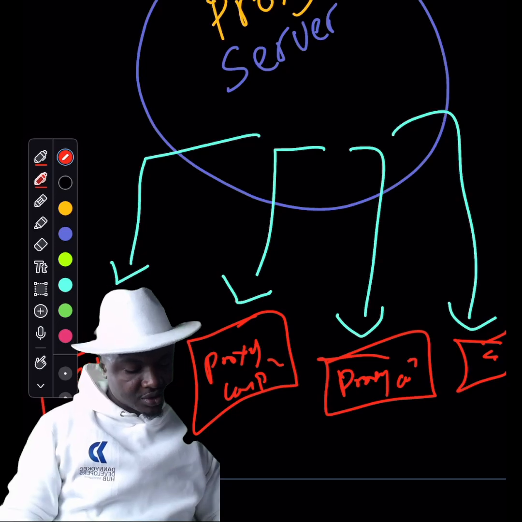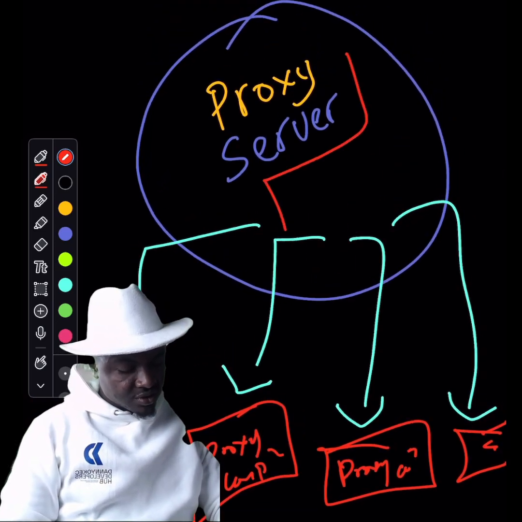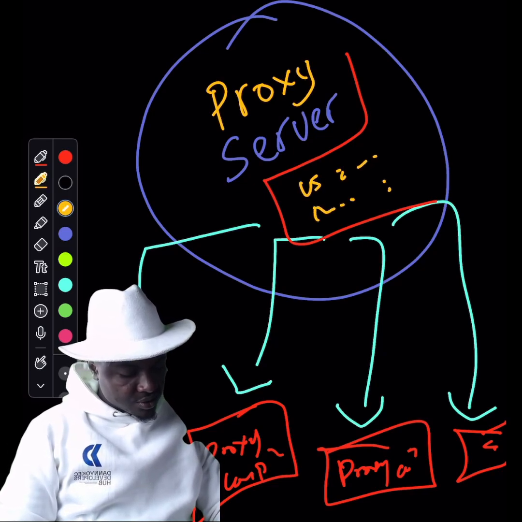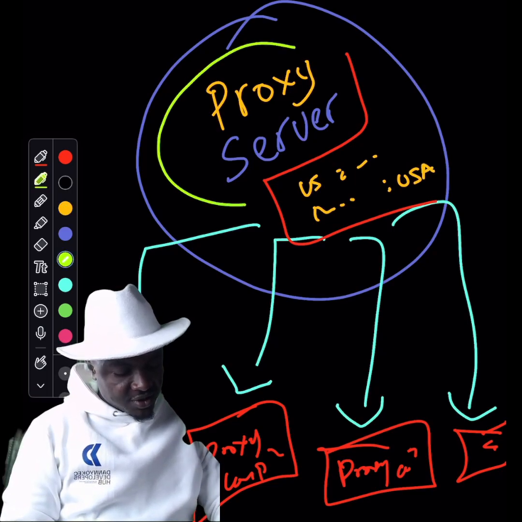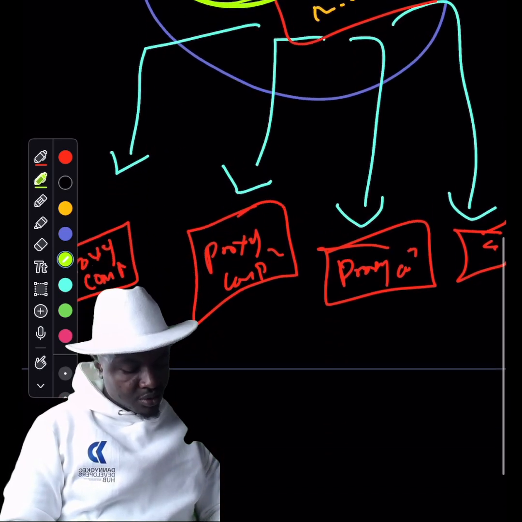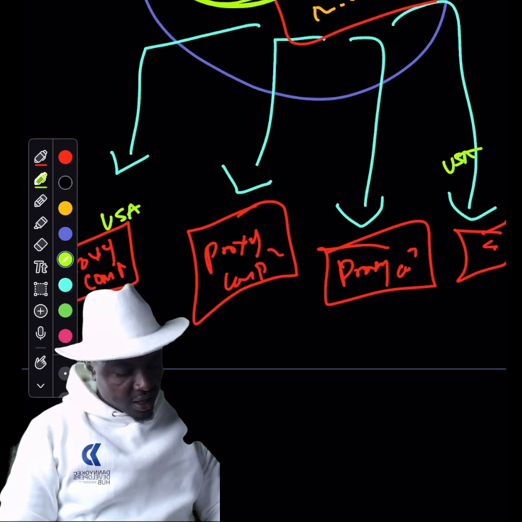You get the point. Now, this server, if you have the details, could be something like username, blah blah blah, password, blah blah blah, location, USA. Good. Now the server itself, the moment you say location USA, the server itself will say, okay, proxy 4 is USA, maybe proxy 2 is UK, proxy 3 is Canada, for instance.